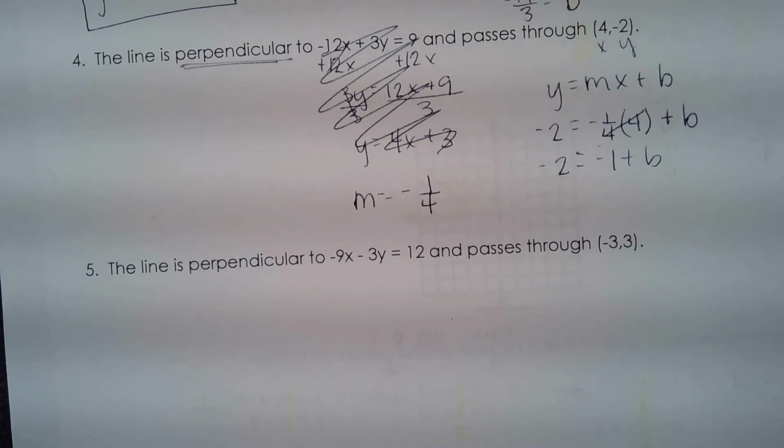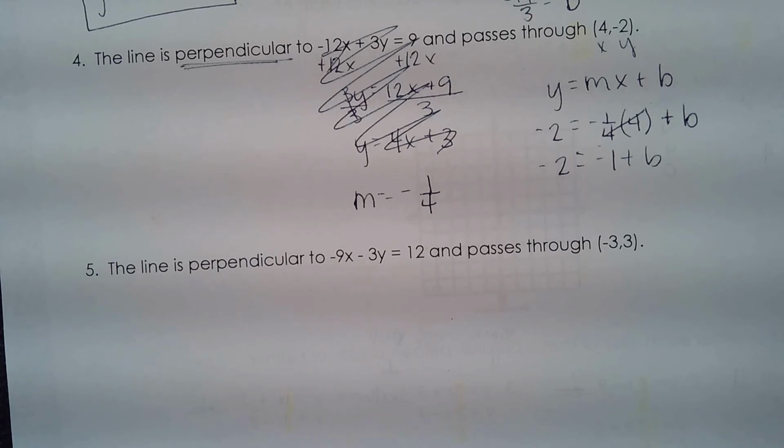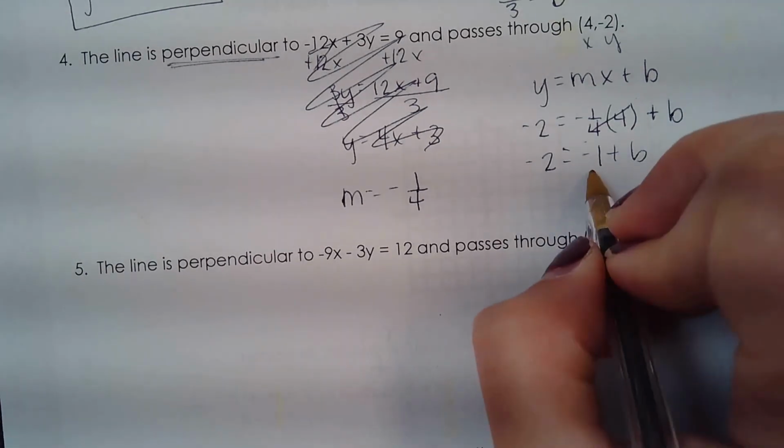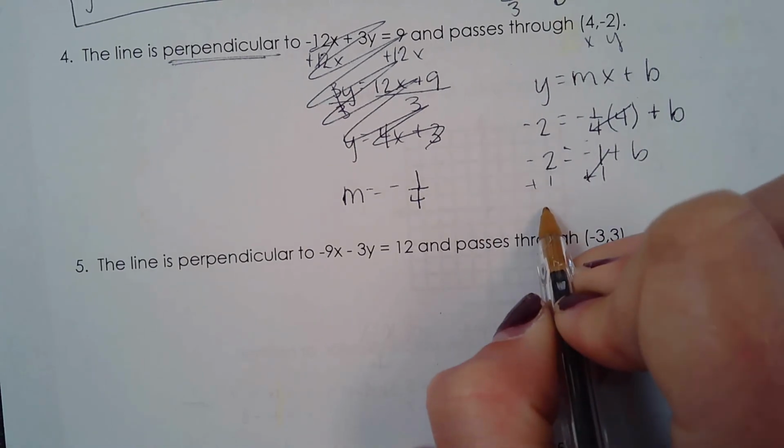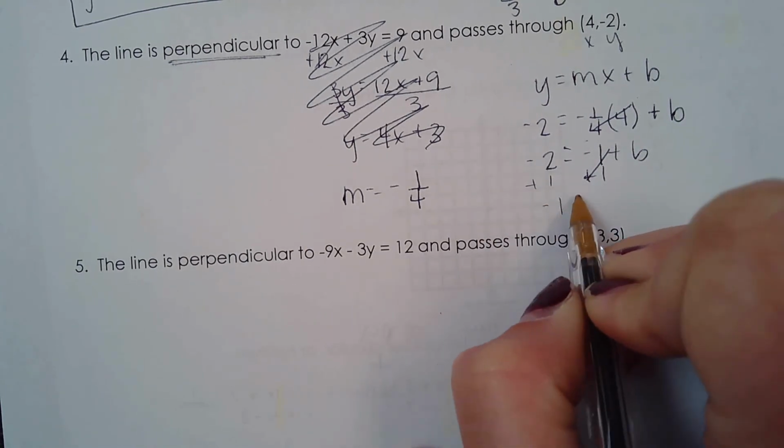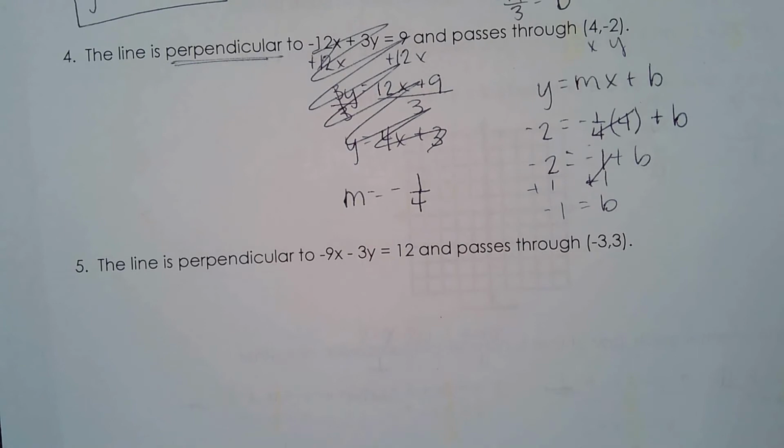Then what do we do to get b by itself? Or just plus 1? So -2 plus 1 gives you what? -1 equals b.